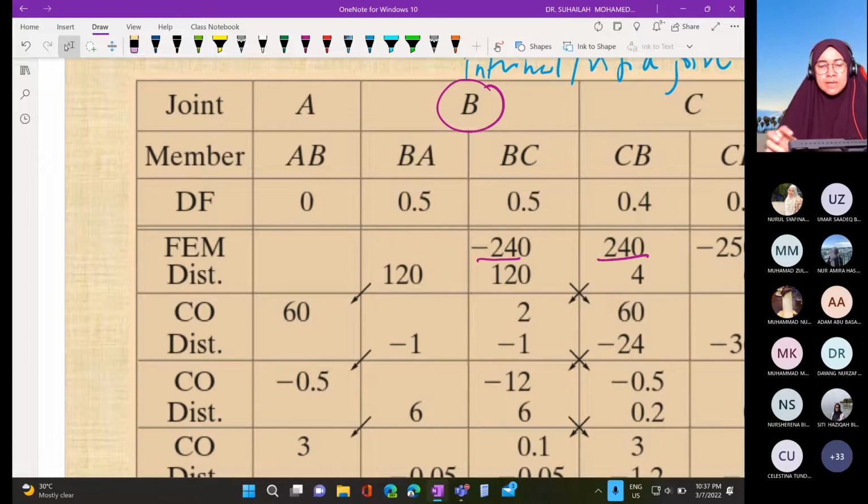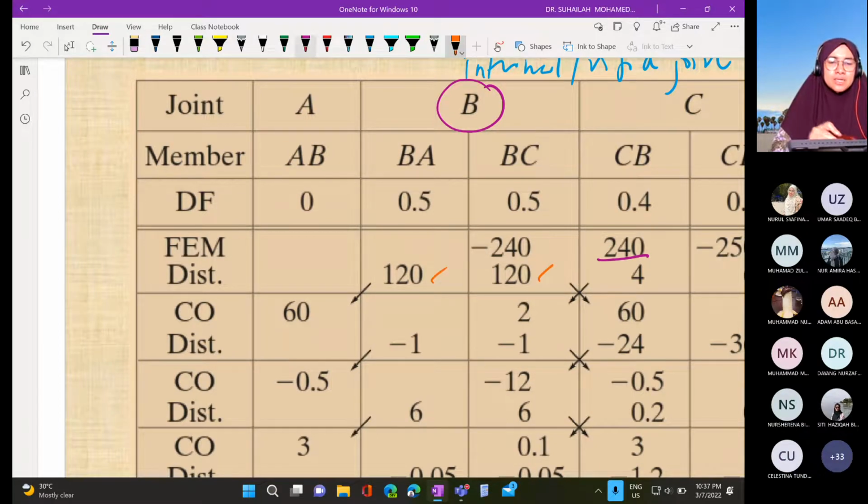So, total yang kita dapat from this, it is 0 plus negative 240, we get negative 240. Negative 240 tu bukan lagi joint moment. Joint moment is positive 240. So, that positive 240, we times with factor 0.5, we get positive 120. Because the factor is equal, so we get 120, 120.